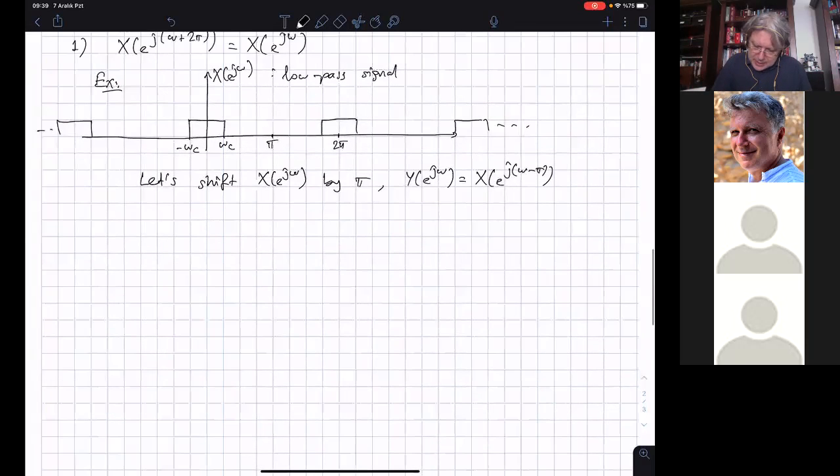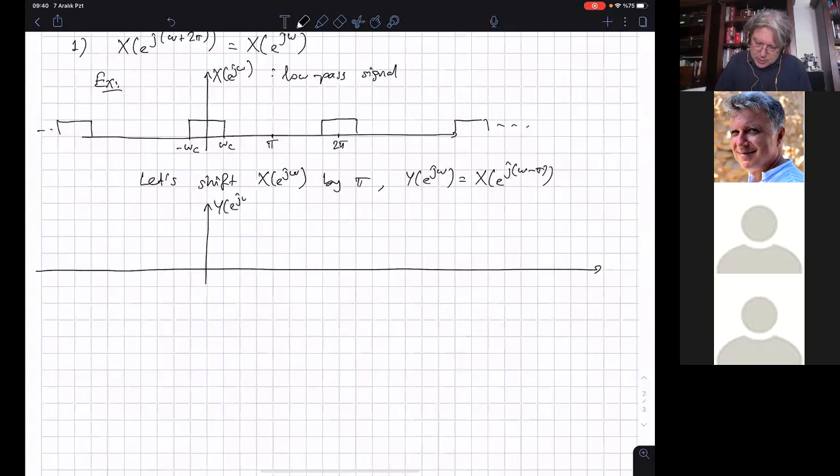And I will get a new signal's Fourier transform, which is Y of e to the j omega. Around pi it will be like this, okay? And around minus pi, it will be like this. And the others will also be repeating with a period of 2 pi.